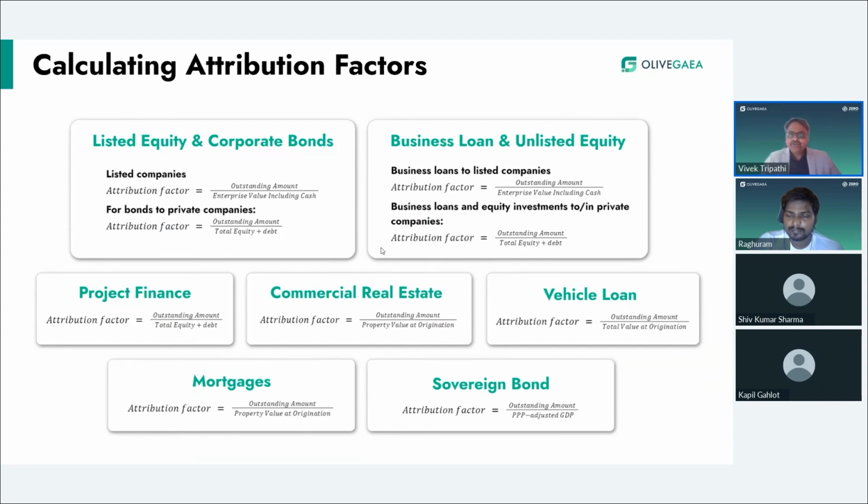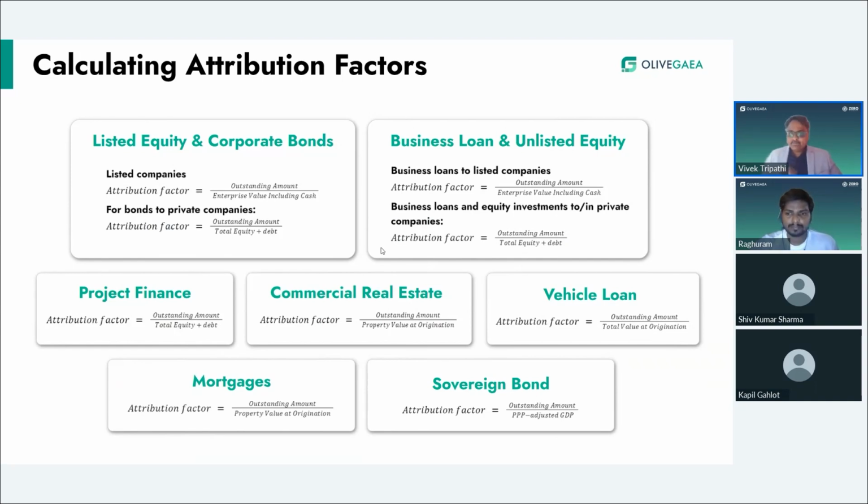You can see the commercial real estate block in the center: for that investment, the attribution factor is simply the outstanding amount, which is 3 million, divided by the property value at origination. Why is that? Because remember that the commercial real estate was raising 10 million for the purpose of building that commercial real estate. So that's the total value at the time of origination, when the loan was first raised. So you would find that this is 3 million divided by 10 million, which gives you a 30% attribution factor.